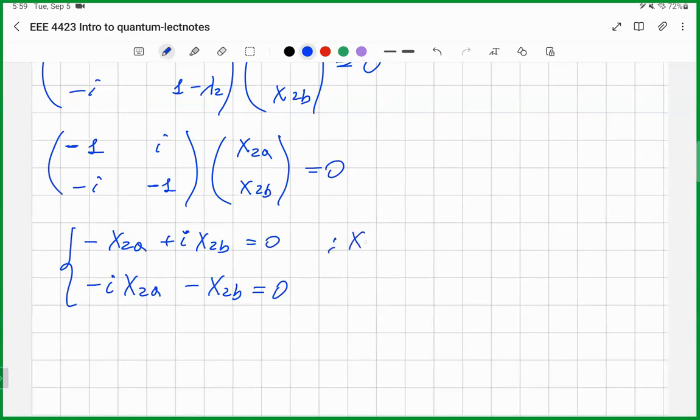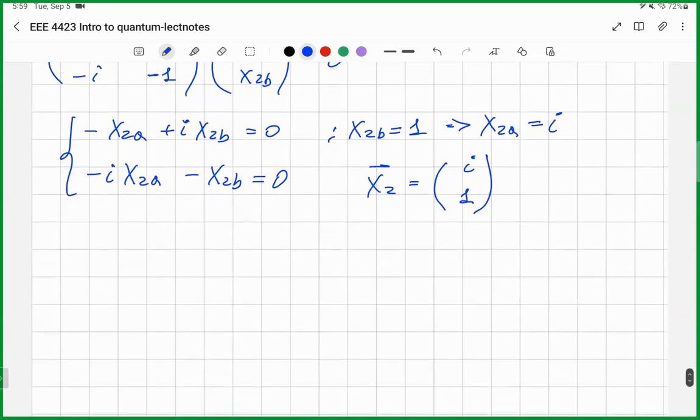We assume that x2b is equal to 1. And that means that x2a is equal to i. Very good. So x2 is equal to (i, 1).